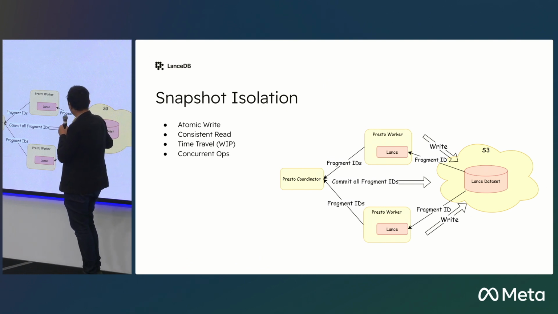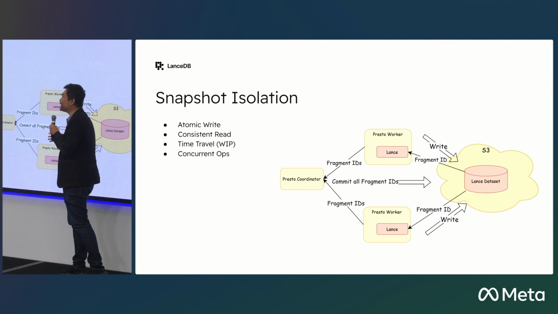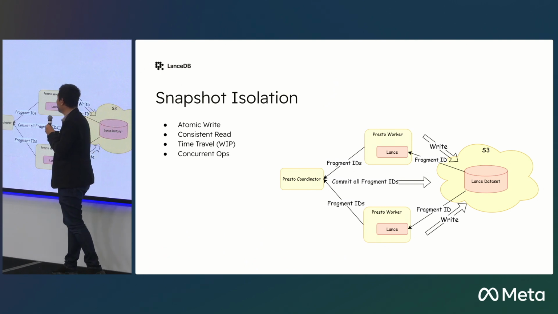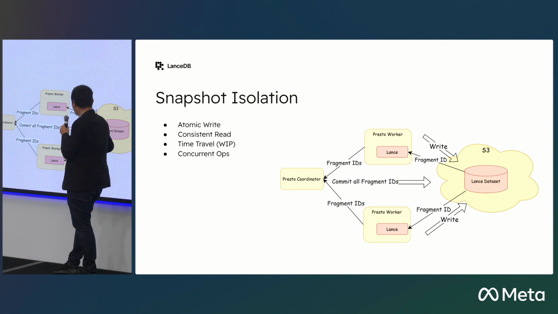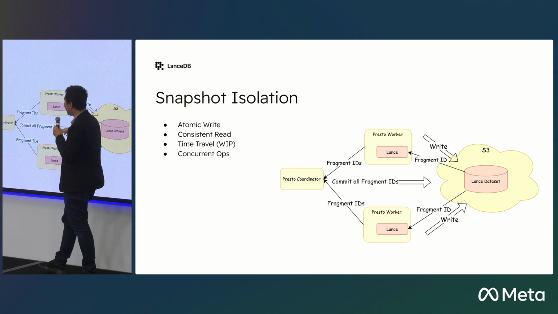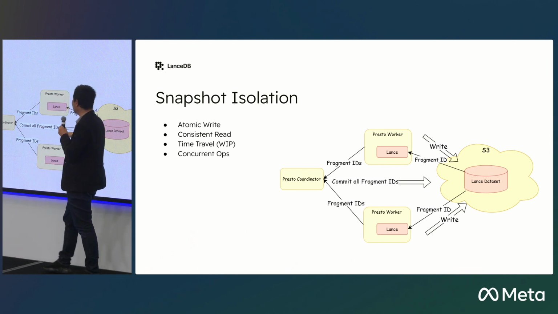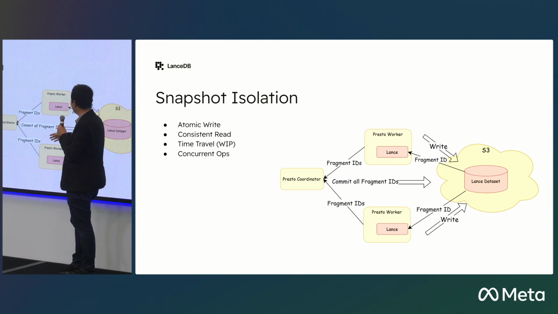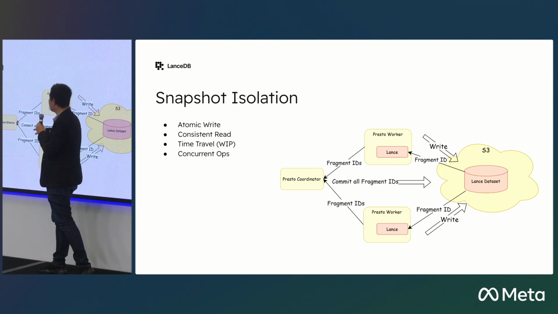And after Presto finishes all the writing job, it will collect all the fragment IDs we wrote from multiple workers. The code actually is already there. It's just the Presto basic mechanism. And when we finish the table writing, it will make a commit call.